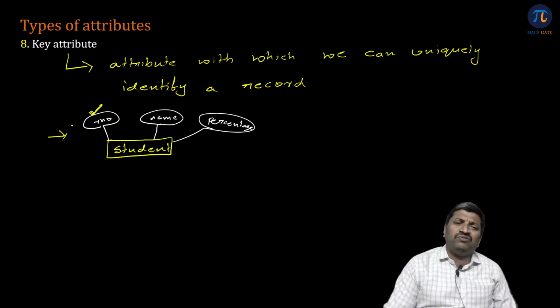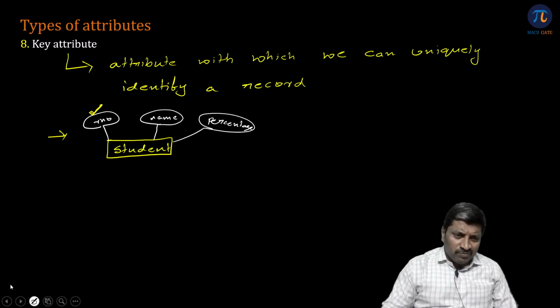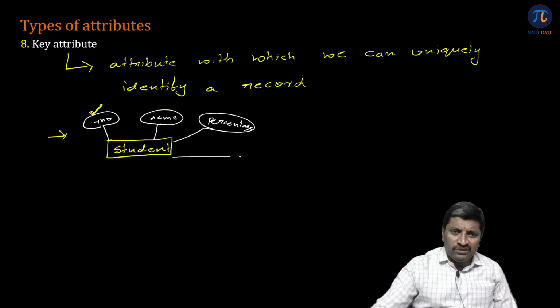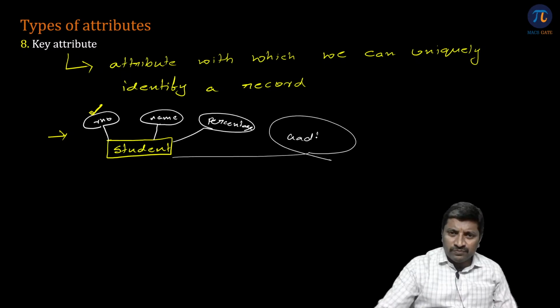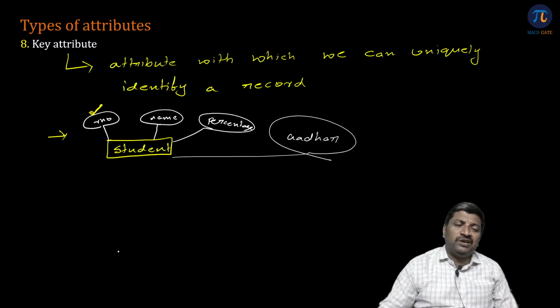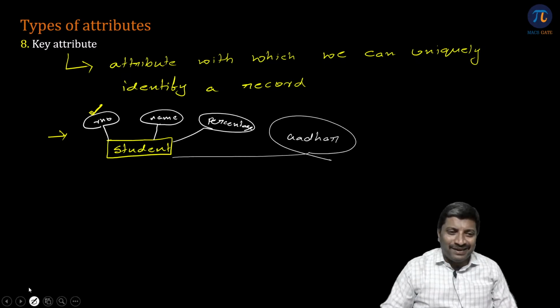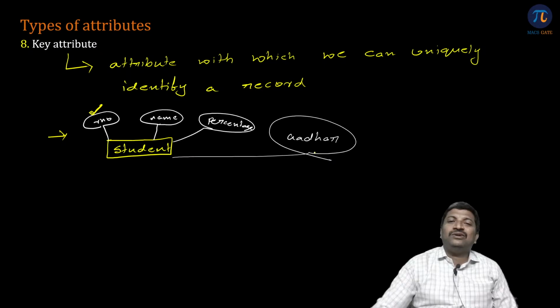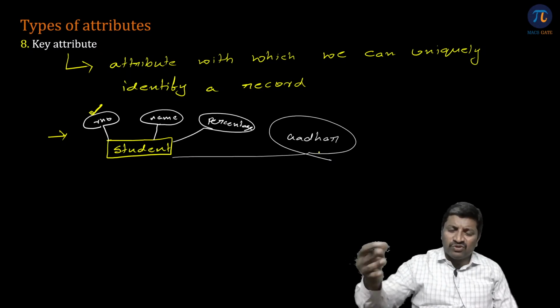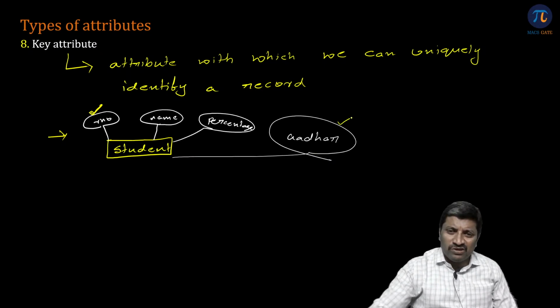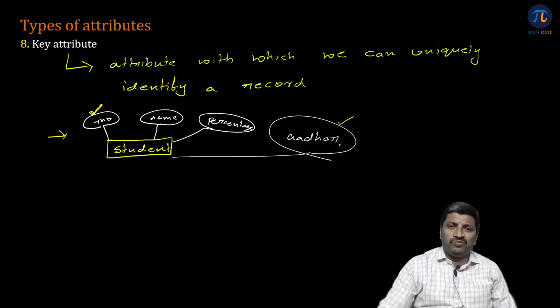Like that, we have so many keys, sir. For the same student, these days so many colleges are considering the Aadhaar card also. Even in the same class, of course, I cannot remember the entire Aadhaar number, but if I ask who has a particular Aadhaar number, only one student will respond. So this is a key attribute.